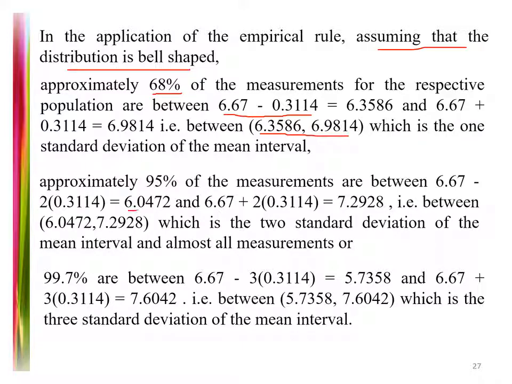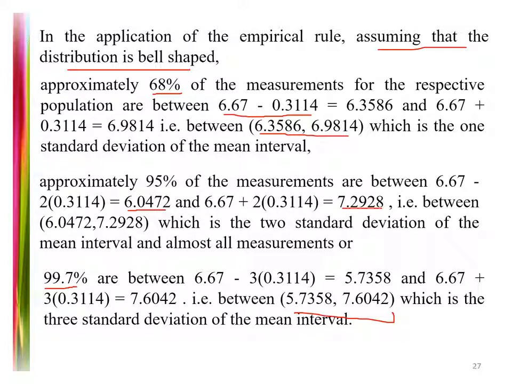That should be 6.0472 to 7.2928. So we can say 95% of the data lie between 6.0472 and 7.2928. Similarly, 99.7% of the data for the three standard deviation limit lie in the interval 5.7358 to 7.6042.